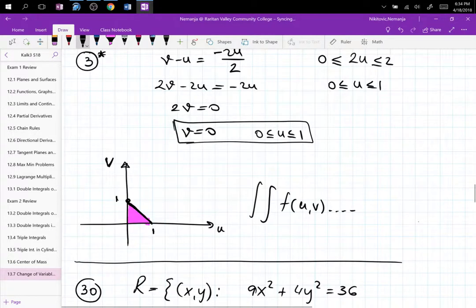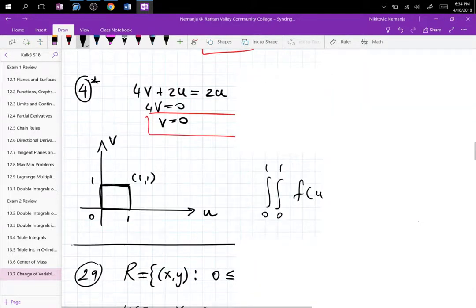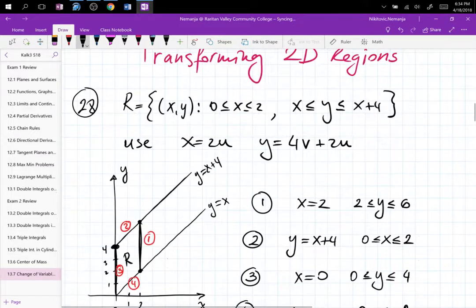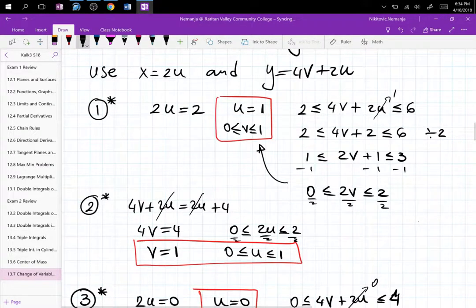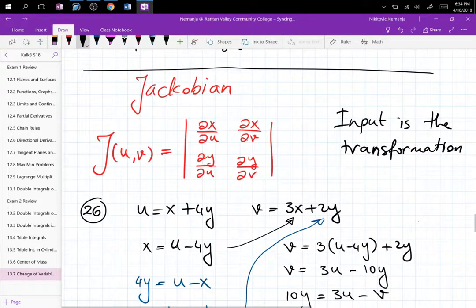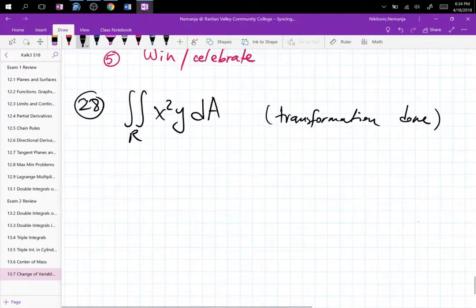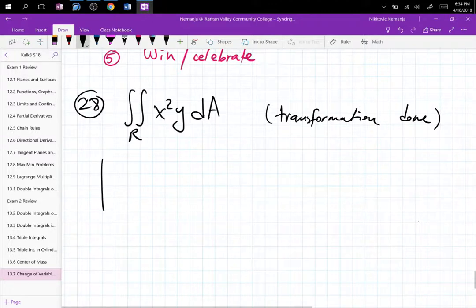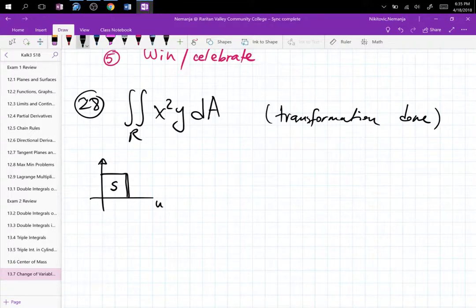That's 26, that's 30, that's 29, 28, good. So we have the nice beautiful square. Okay, so the transformation is done. So I'm just going to say, okay, stealing that. This is region S now for u and v. And these are ones. So 1, 1 over there and 0, 0.